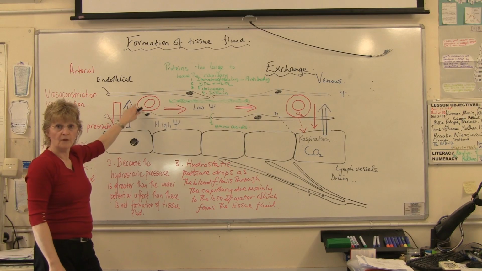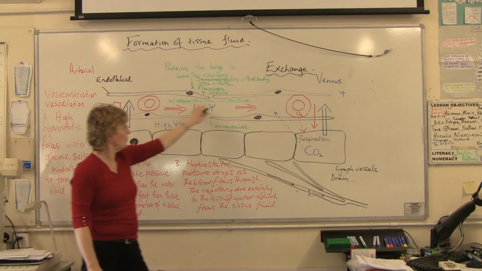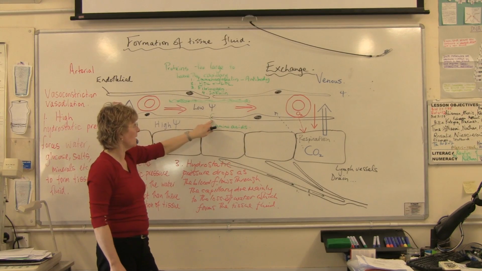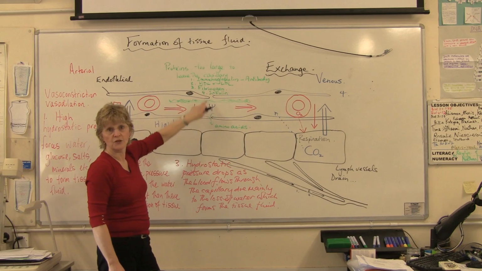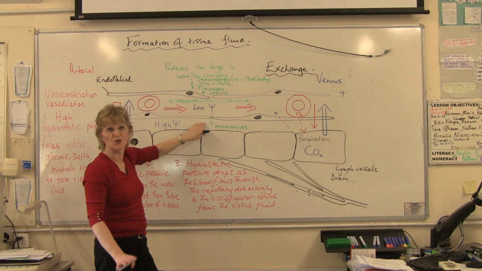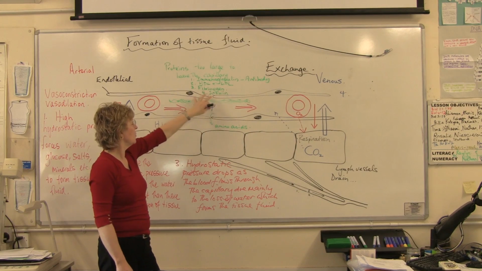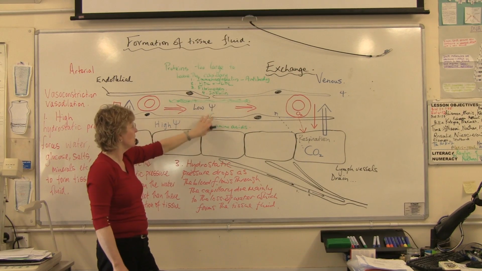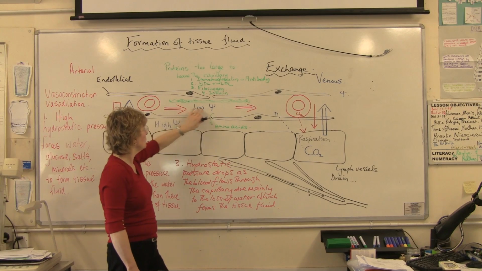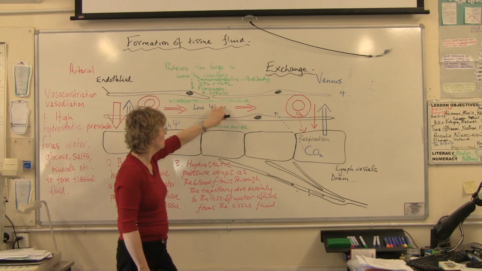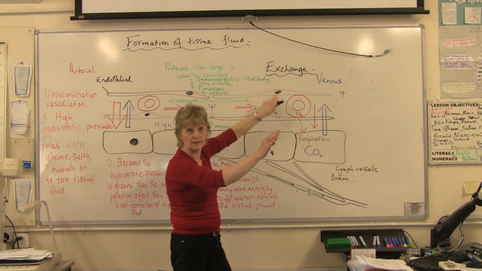This end, I've got water and dissolved solute and proteins and cells. As it goes through this capillary with gaps, these are called fenestrations, but we don't need that word. So the fluid is forced through under hydrostatic pressure. So the amount of water is dropping. So the water potential on this side is increasing.